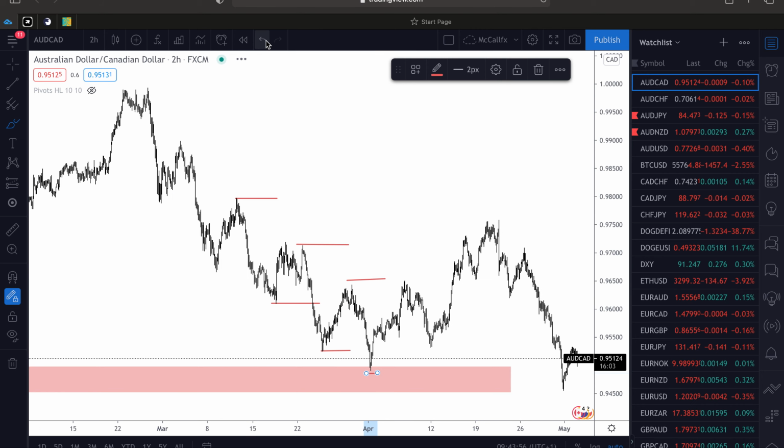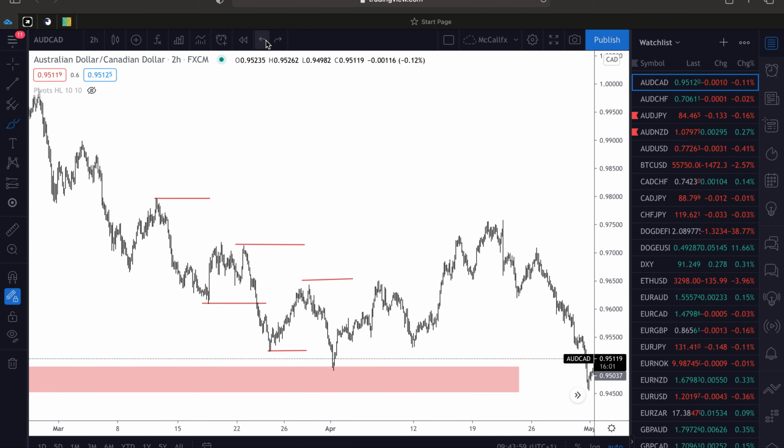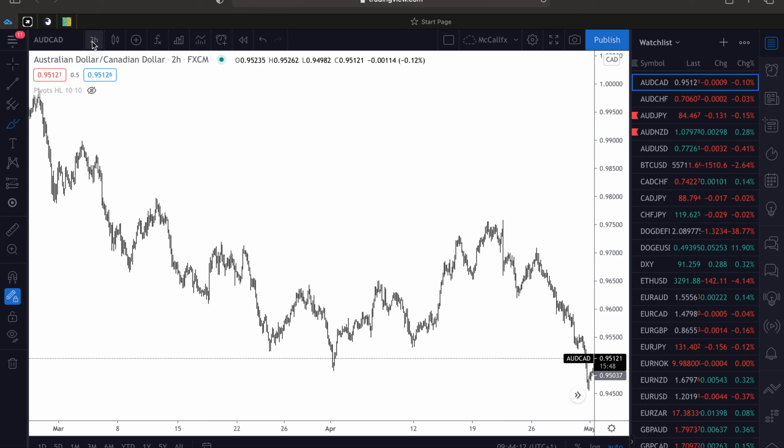So around this side, and also on the daily time frame, when price was going up on the daily time frame, like I said, I was expecting a sell trade off this because of how price was trending downwards. So I'm just going to take everything off and move to the daily time frame.